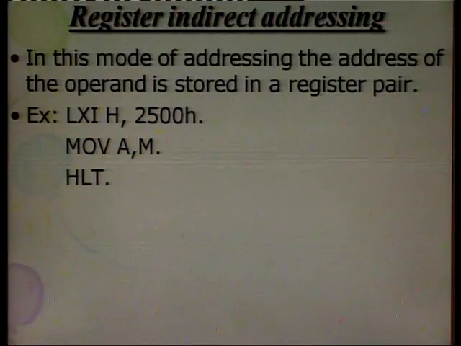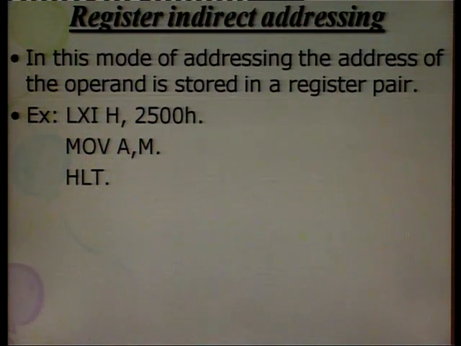So, for referring to the HL pair, I will only write H. So, this first instruction LXI H, 2500H will load the HL pair with the data 25 and 00. That means H will have 25 and L will have 00 after this instruction.